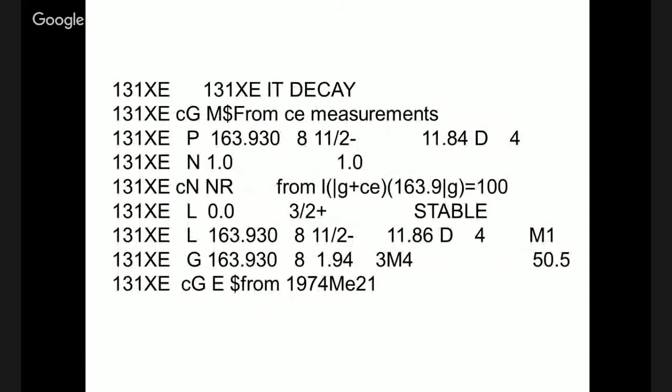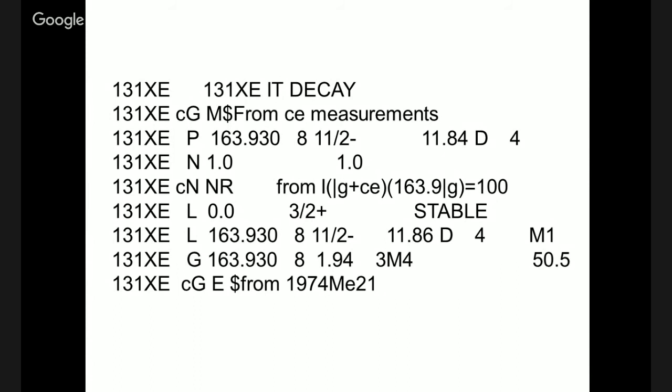Now, before I finish this, just so you get a little bit of a flavor of an ENSDF data set, this is an ENSDF data set for the decay of xenon-131, the isomer, IT decay. The records are 80 character records for obvious reasons. And every record has the symbol of the nucleus.